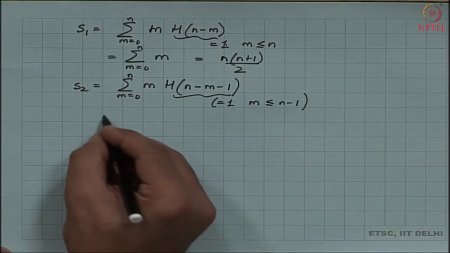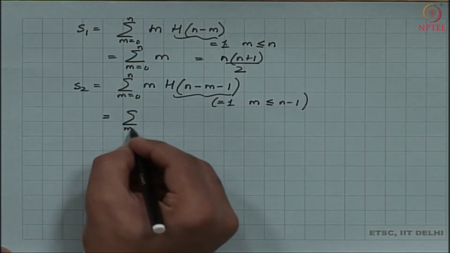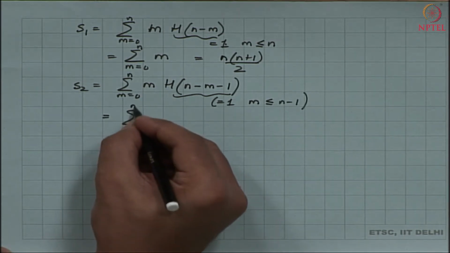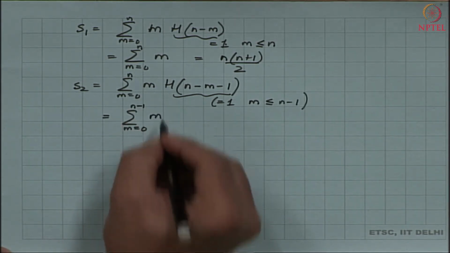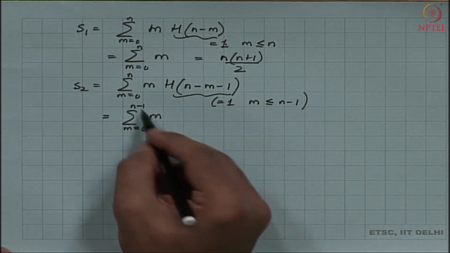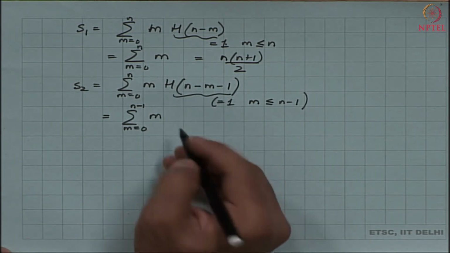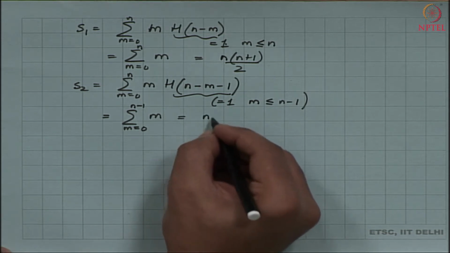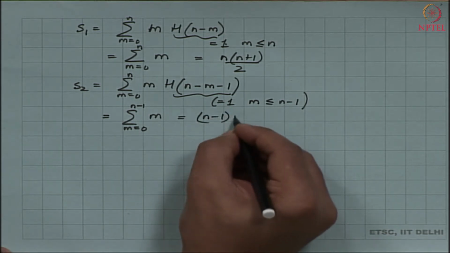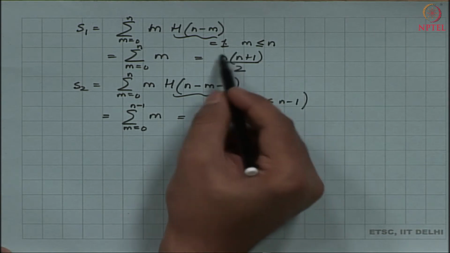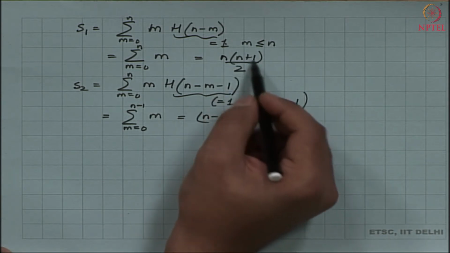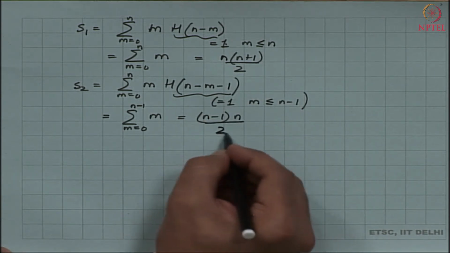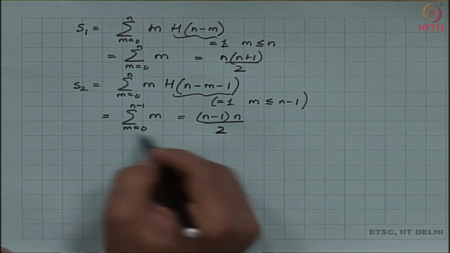Which means my new sum will be the sum from m equal to 0 to n minus 1 of m, because at m equal to n the Heaviside function is 0. When I take this sum, I get n minus 1 times n by 2. So, just replace n by n minus 1 to get back the sum S2.